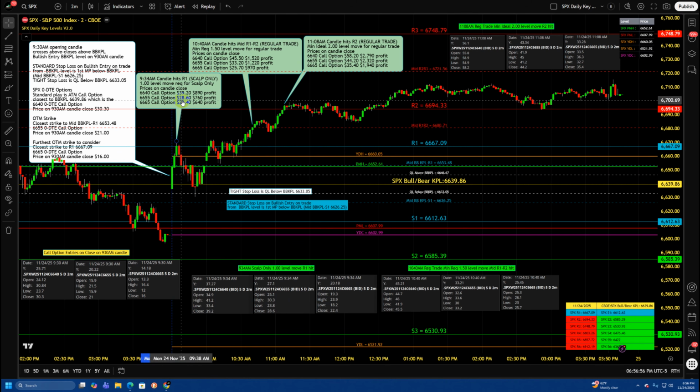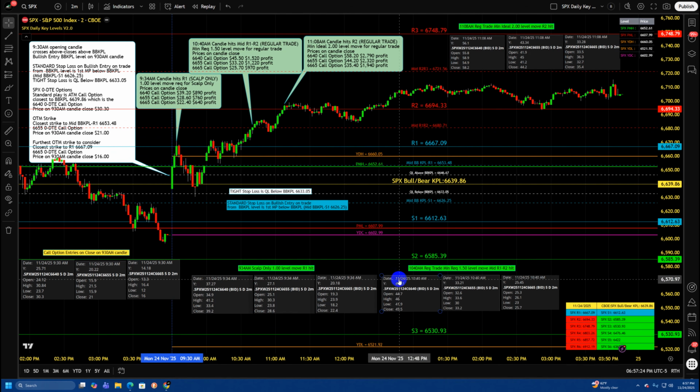However, if you're not doing a scalp and you're looking for the minimum 1.5 level move on a regular trade, that is the strategy with the indicator on regular trades, a 1.5 level move in your favor, then you reach that at 10:40 a.m. when it hit the mid R1 R2 level, which is 1.5 levels above where we took the bullish trade from.